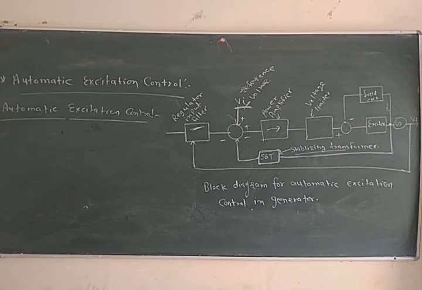Now after comparison, the voltage error signal is fed to an amplifier, then the amplifier output is fed to the exciter field circuit, and the exciter field circuit controls the exciter field current through a buck-boost action. So a control of the exciter field current means a control of the excitation current.